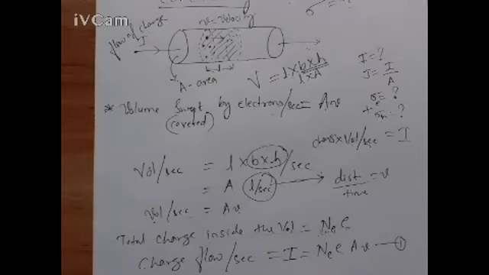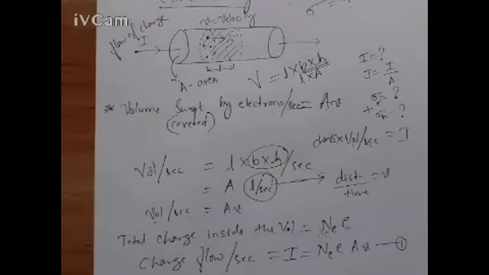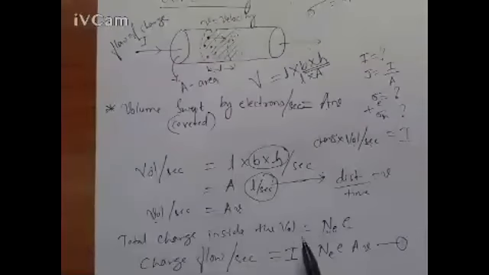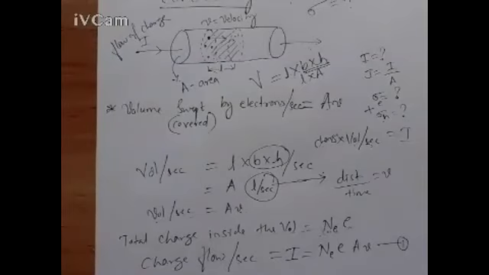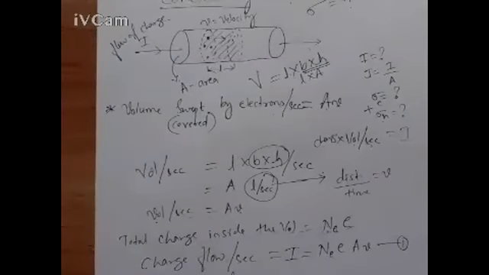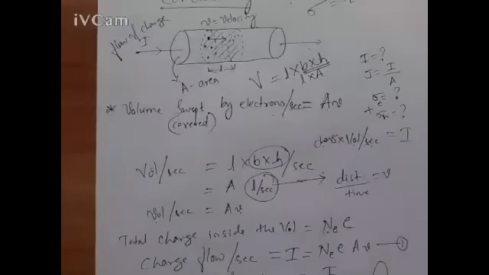Now current density. I hope you understood this much. Simple it is. What is the current density? Current density J is equal to I divided by A. So I have some area like this. How much current is flowing through it?